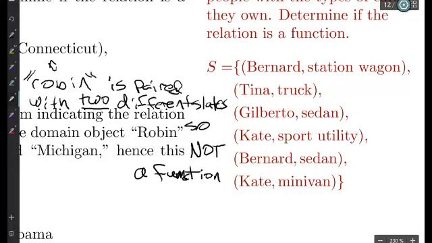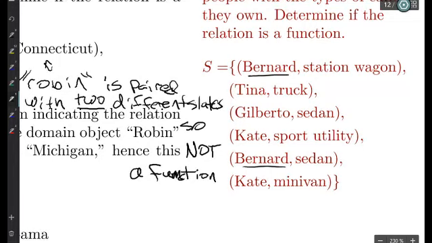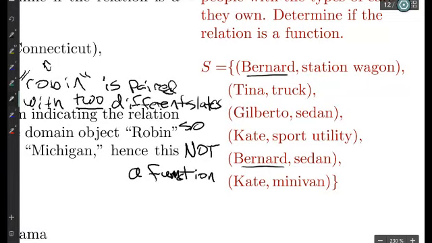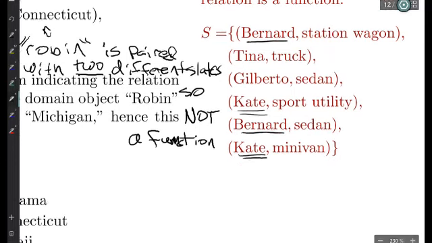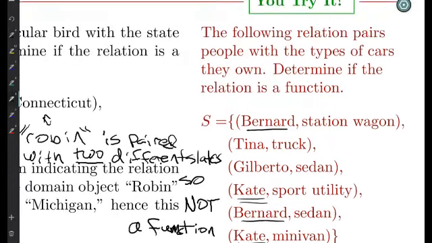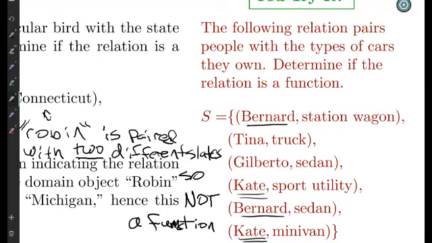And we see Bernard twice, and Kate twice. So Bernard is paired with station wagon and sedan. That right away is enough to say not a function.